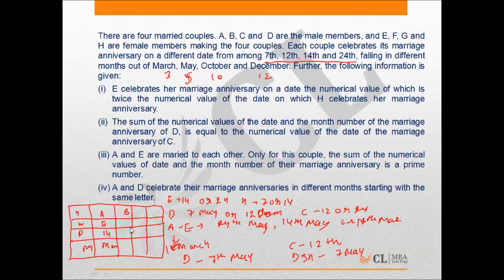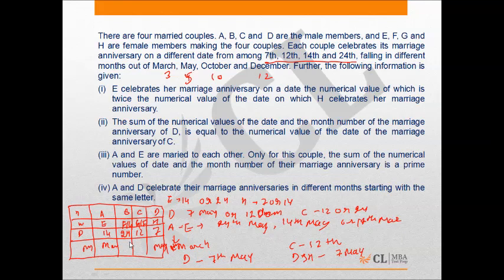B celebrates his marriage anniversary on 24th, but we do not know about his wife, who could be either G or F. Similarly, C is married to either G or F, and he celebrates his anniversary on 12th. And D is married to H, and they celebrate their anniversary on 7th of May.